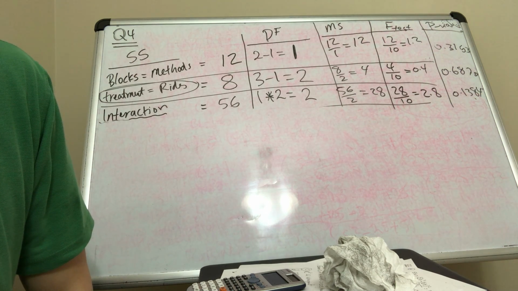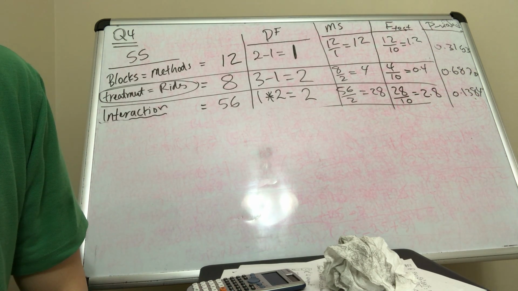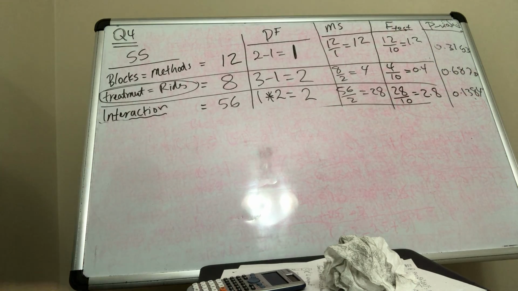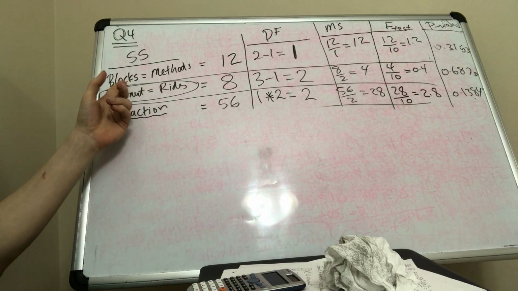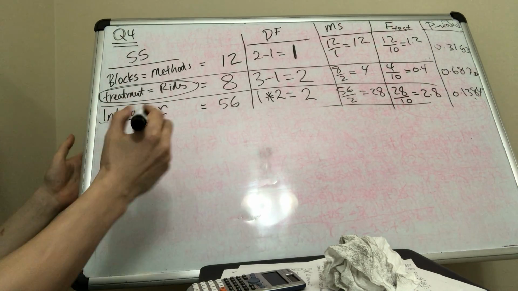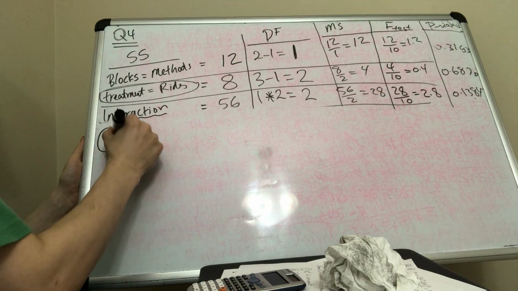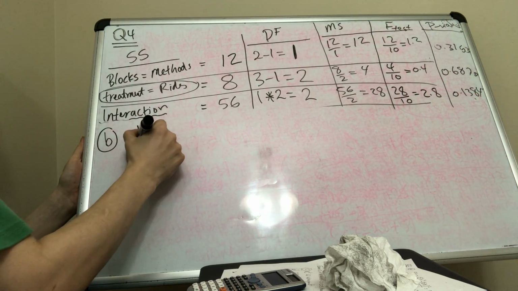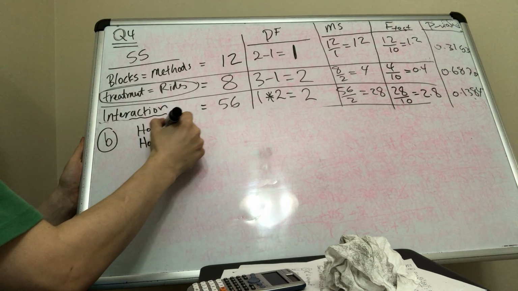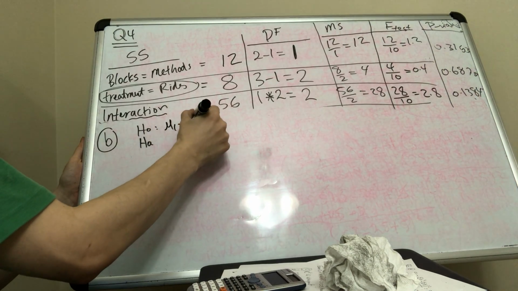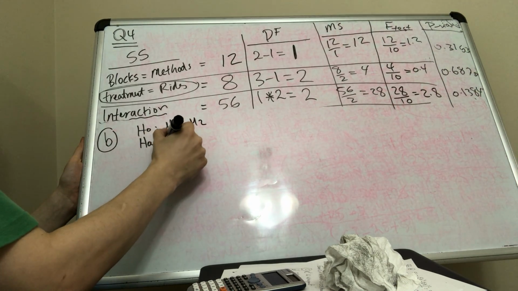Test for difference in waiting time based on loading method. Loading method meaning blocks. H0, HA. Mu block 1 equals mu block 2, at least one is different.